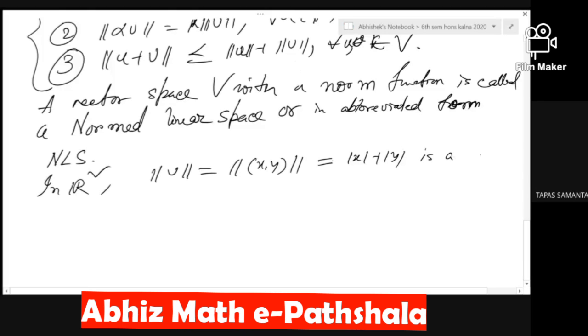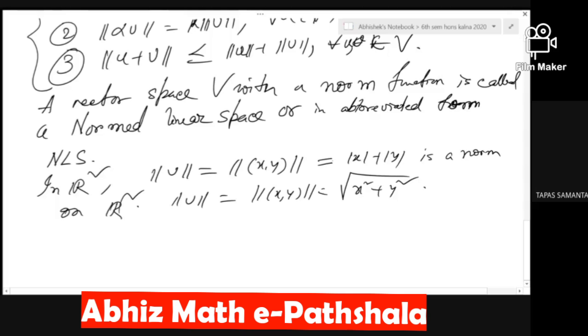So this is a norm on R2. And we also have a natural, usual norm on R2, that is norm v equal to root over of x square plus y square. So this is the usual norm on R2.